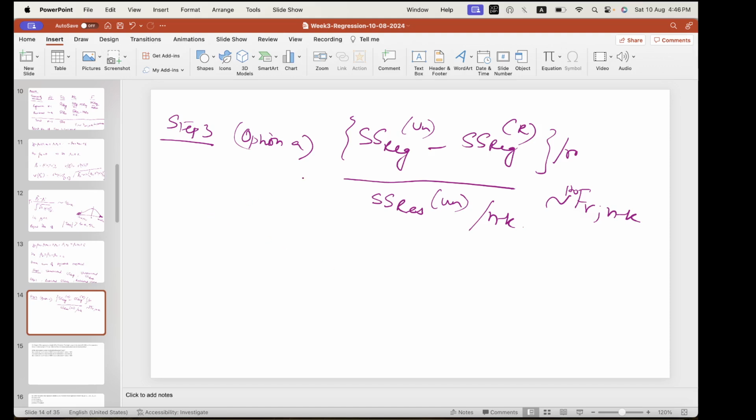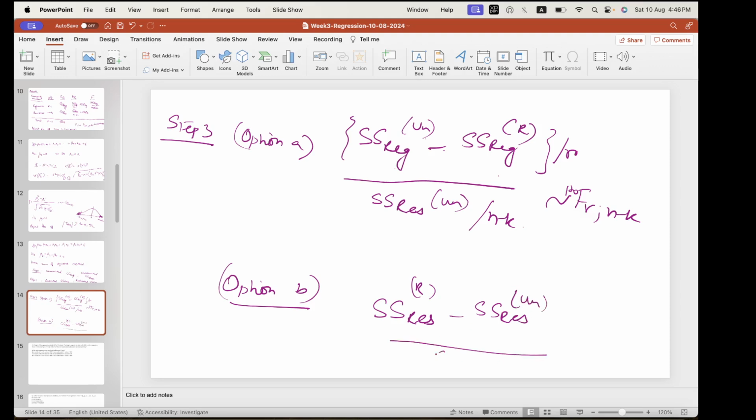Okay, if you write in terms of regression, that would be unrestricted minus restricted. If you are writing in terms of residuals, then we have to write SS residual restricted minus SS residual unrestricted by SS residual unrestricted divided by n minus k, and this should also be divided by r. This also follows under H naught F with r, n minus k.